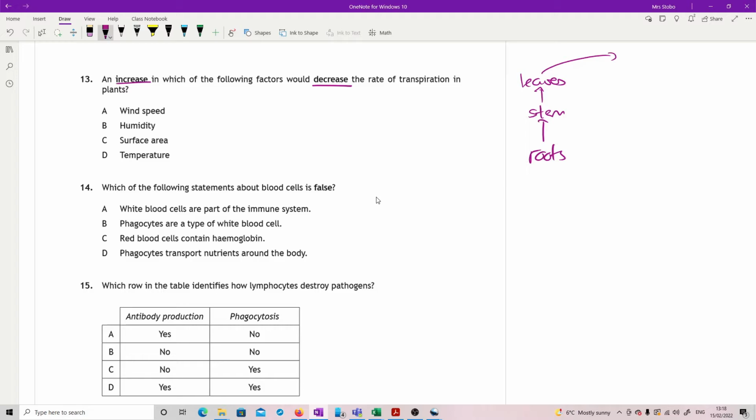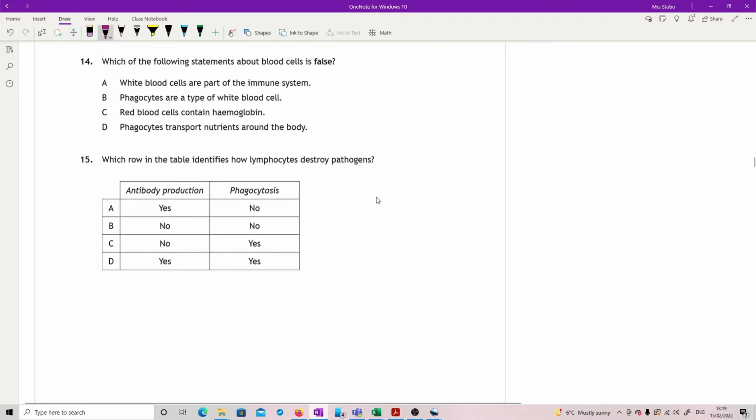If it gets windier, the more transpiration you expect, so it's an increase. Humidity makes a higher and higher water concentration on the outside of the plants, so increasing that is actually going to decrease transpiration, because it's going to be less easy for the water to come out. So that's that one. Increasing surface area would increase transpiration rate, and increasing temperature would increase transpiration rate again. So definitely B.